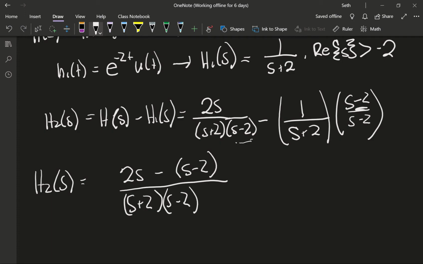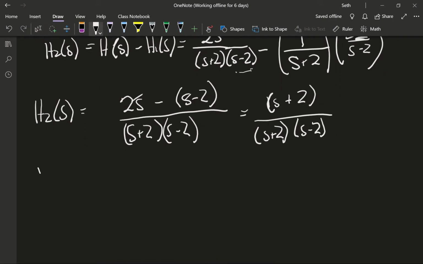This can be simplified. 2s minus s is 1s, plus 2, so these cancel.